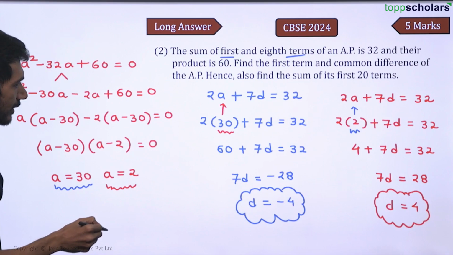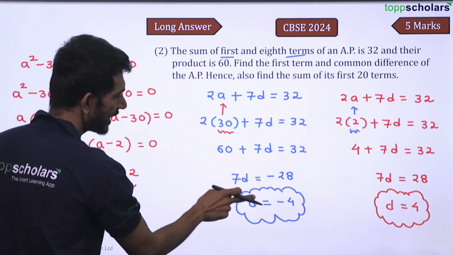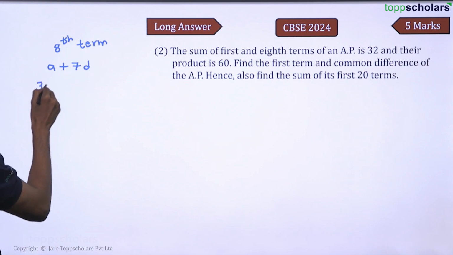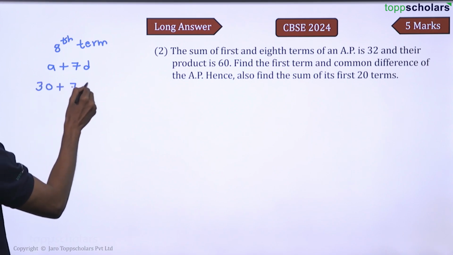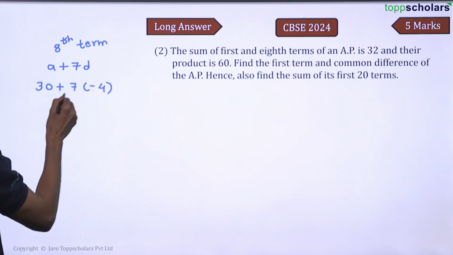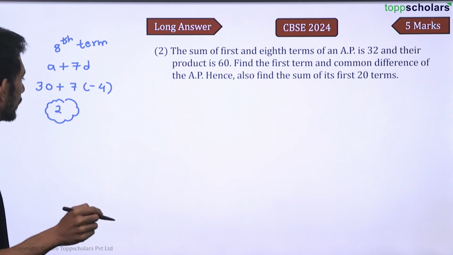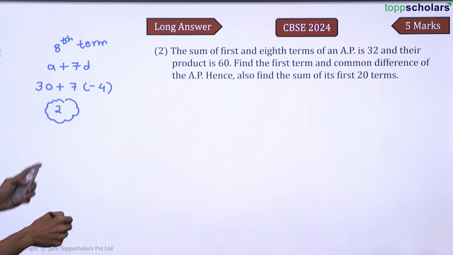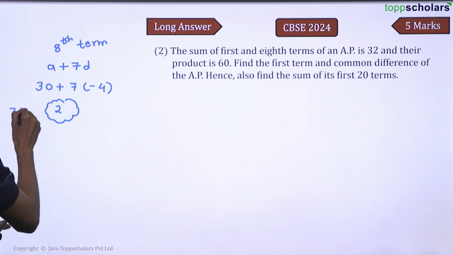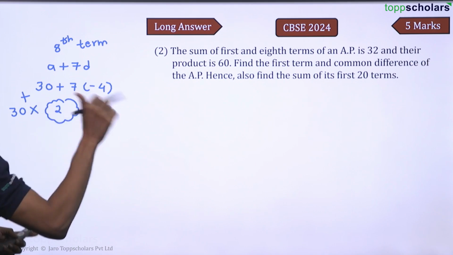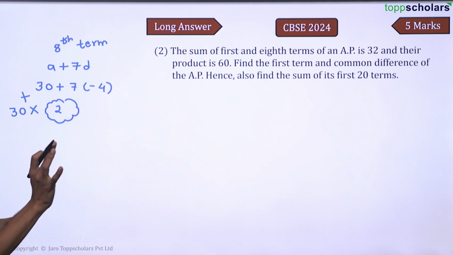So I am taking a as 30 and d as minus 4. So can I say this becomes 2? Right? The 8th term is 2. So if 8th term is 2 and first term is 30, the product is 60? Yes. Their addition is 32? Yes. That means that condition is clear.